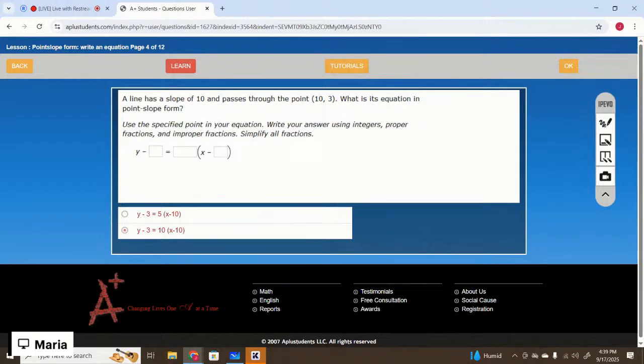Option number 2 is the correct option. Y minus 3 equals 10 times x minus 10.